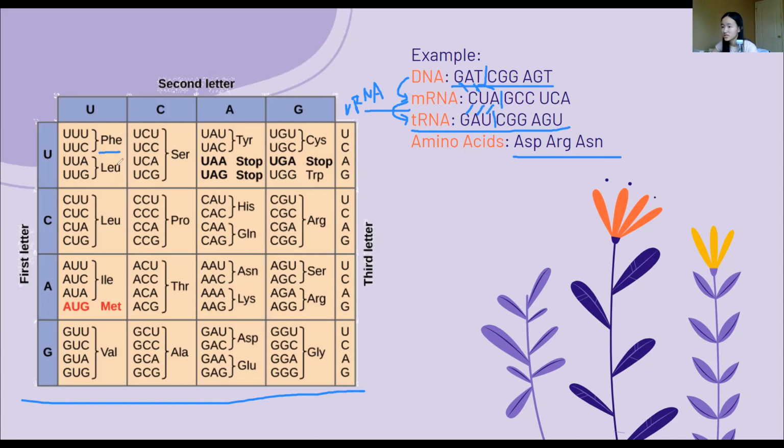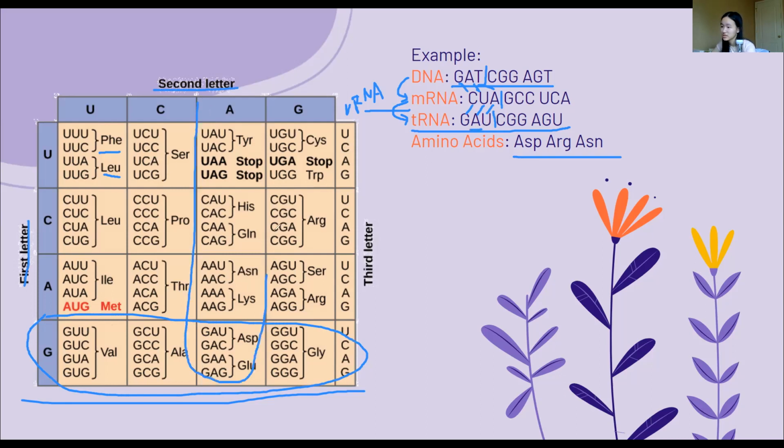In this chart, all of these amino acids are abbreviated to just three letters, because sometimes they have very long names like tryptophan, leucine, phenylalanine. So GAU: this side is the first letter, so we look at this long row right here. The second letter is up top, so the second letter is an A. We look at the third column.